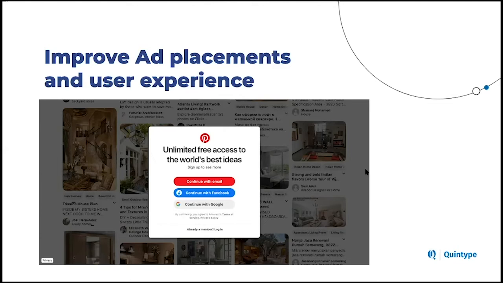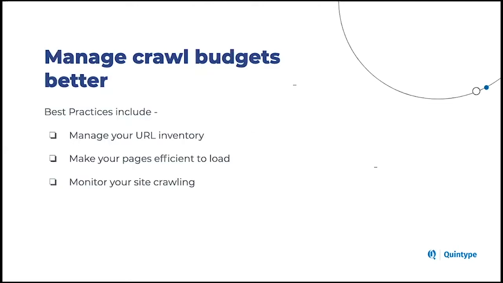The third part of the puzzle would be to look at crawl budgets. Google recently launched a help document around how developers can manage the way that Googlebot crawls on the website. Taking a step back, what are crawl budgets?